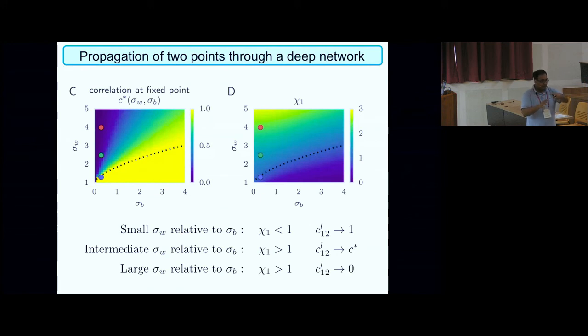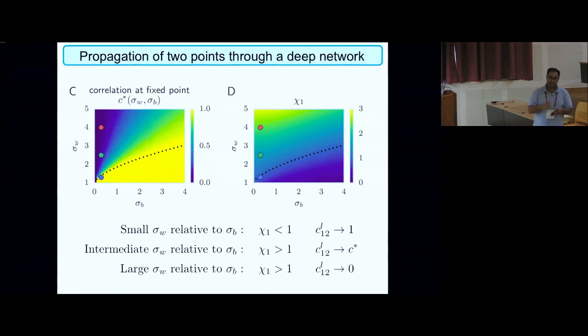This alternating expansion and folding in different directions is a hallmark of chaos. On the other hand, the biases are independent of the input, so the biases are always trying to point you in the same direction. The biases are an aligning force. The weights are a decorrelating force. So if the bias is stronger, the weights have to be correspondingly stronger to move you into the chaotic regime.